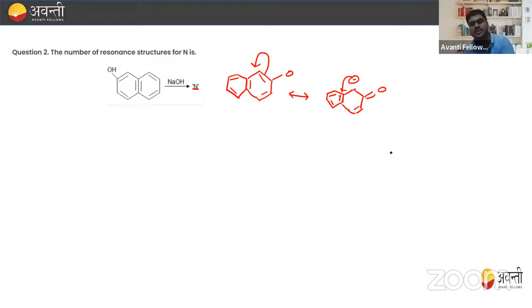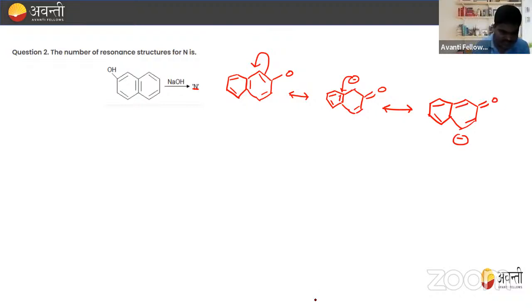So we get the negative charge. In the next diagram, we have a negative charge here, and this is a double bond.